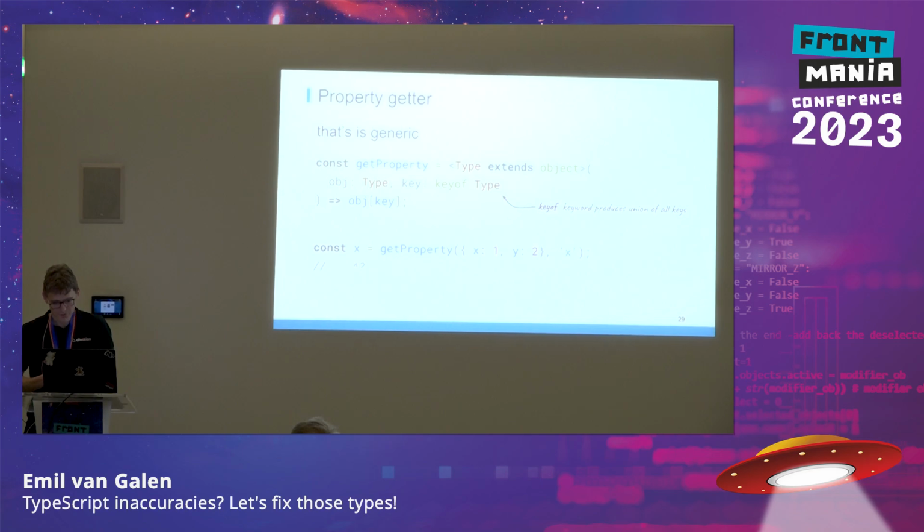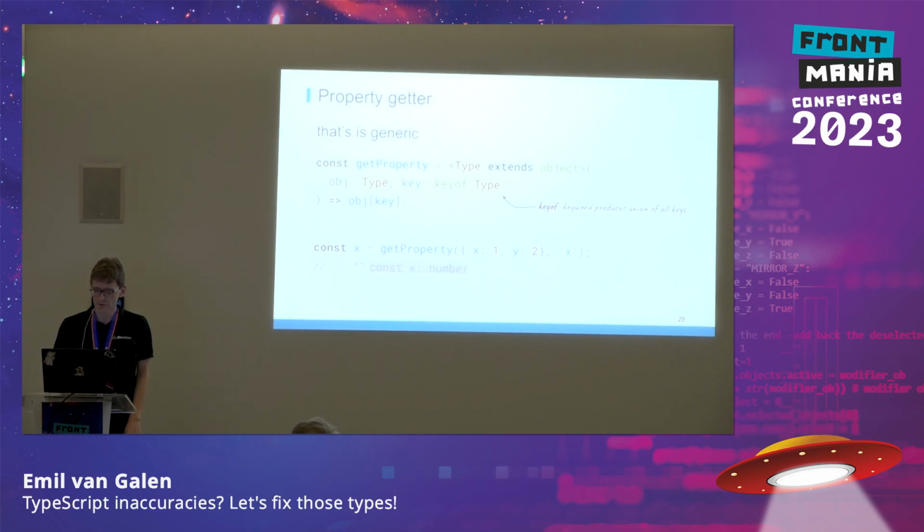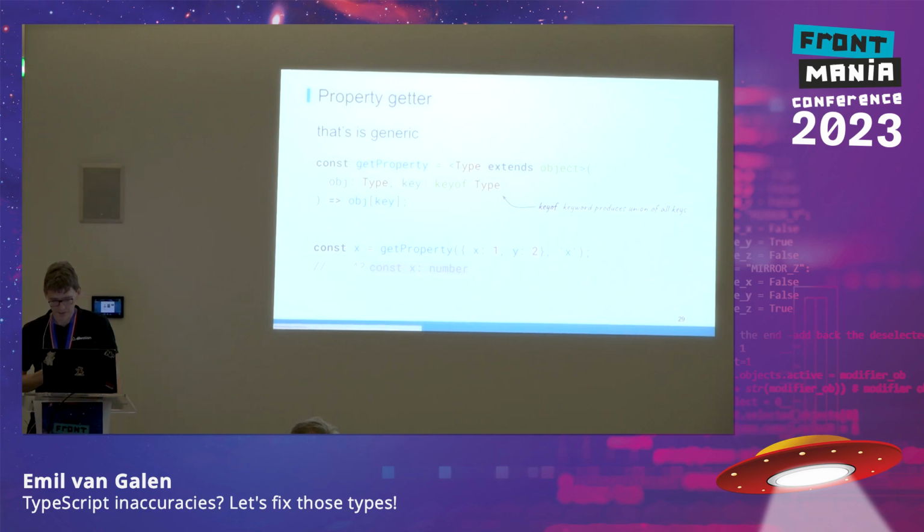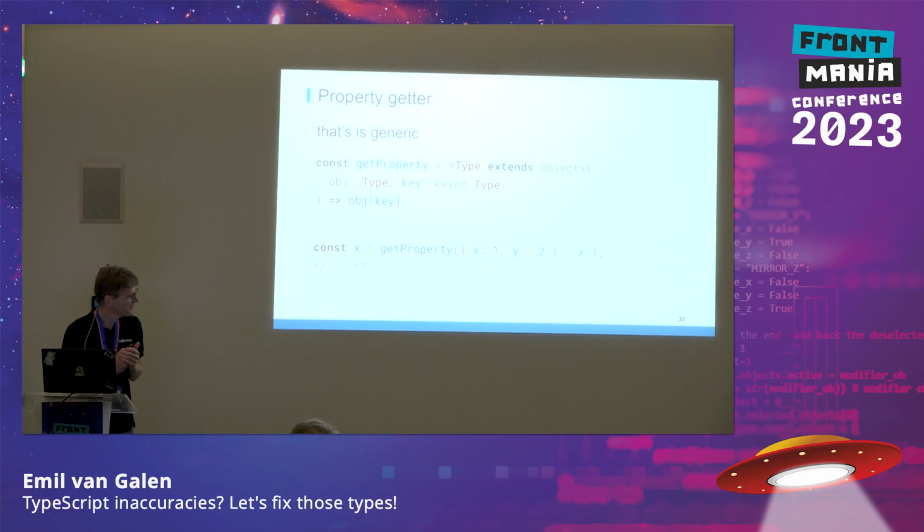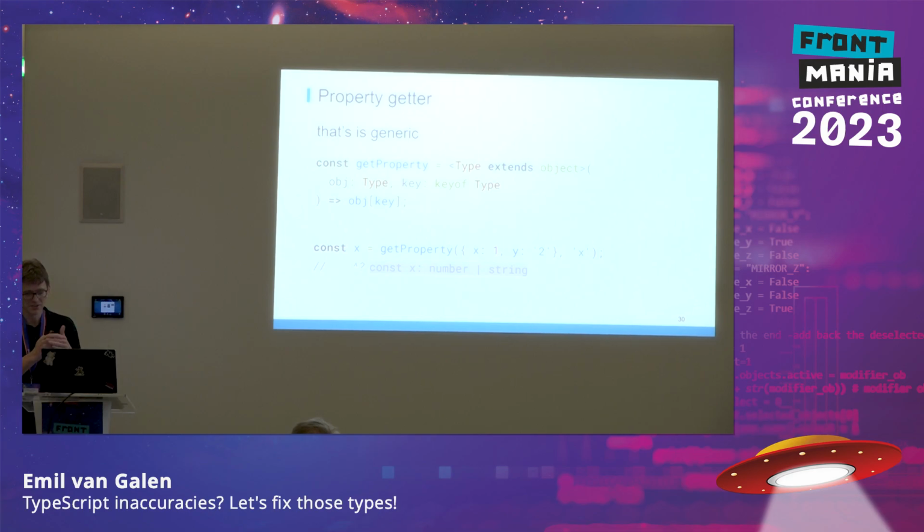So if I then retrieve a particular key, notice actually that the second parameter also is type checked, then I'm getting also the inferred type back for this particular property. But notice if not all properties have the same type, there's actually a bug in my function over here, I'm getting a union type back. I'm getting actually the combination of the types of all properties.